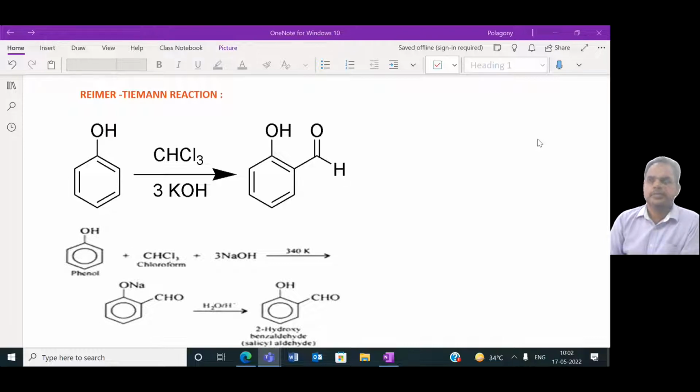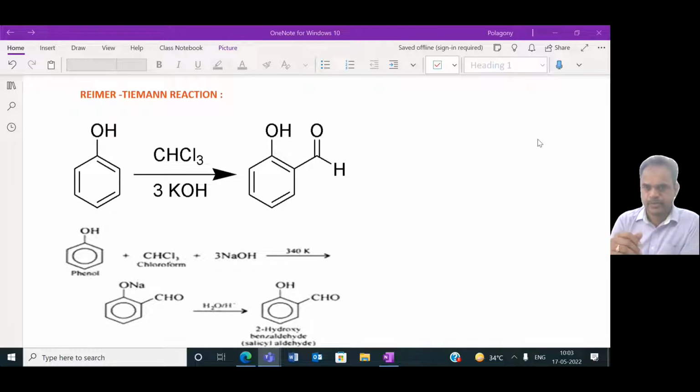In this reaction, the phenol is subjected to ortho-formylation, or the phenol is converted to salicylaldehyde. Further oxidation of salicylaldehyde will give salicylic acid.